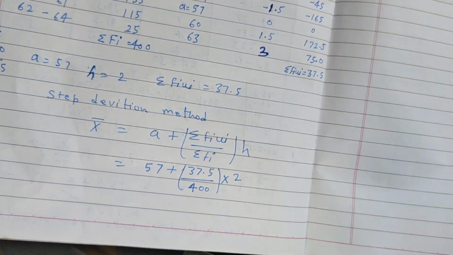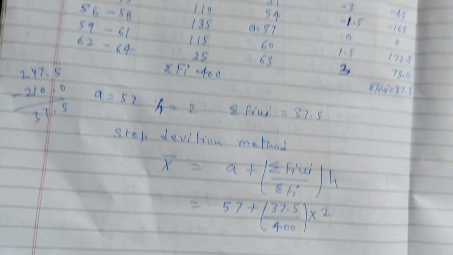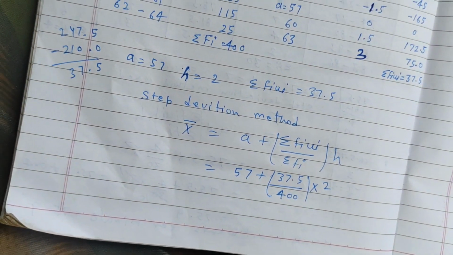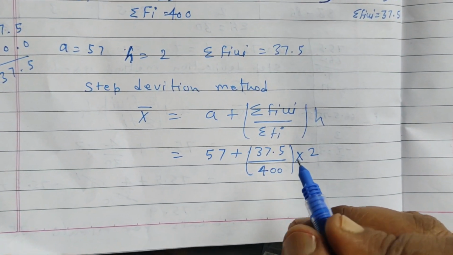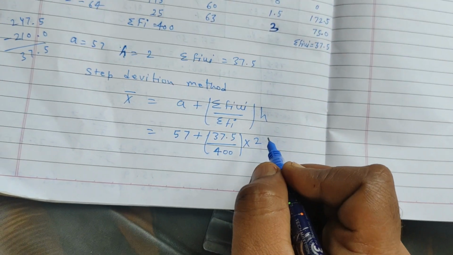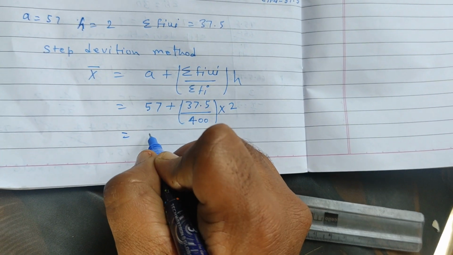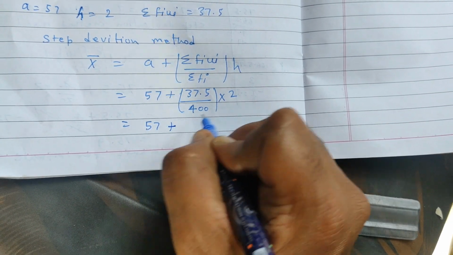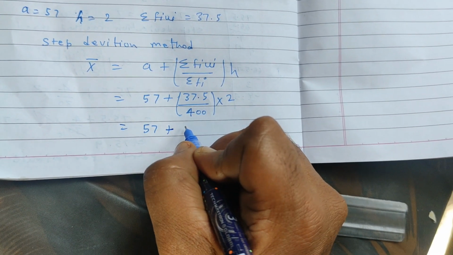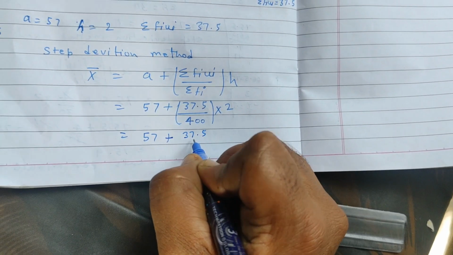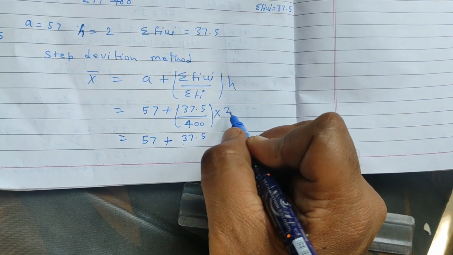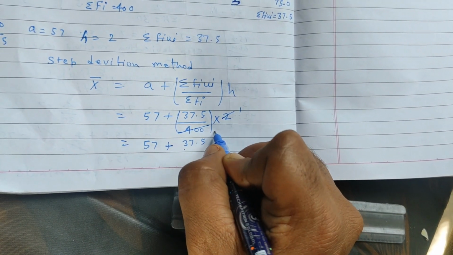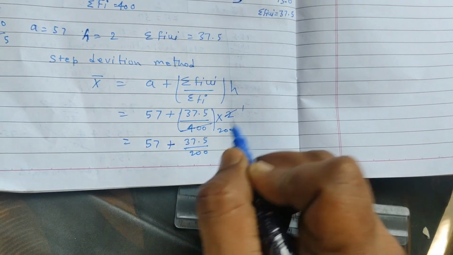Here the calculation is 57 plus 37.5, which we divided by 2, so 2 1s are 2, 200, 200.